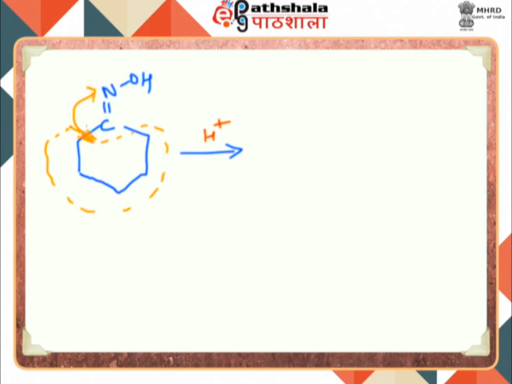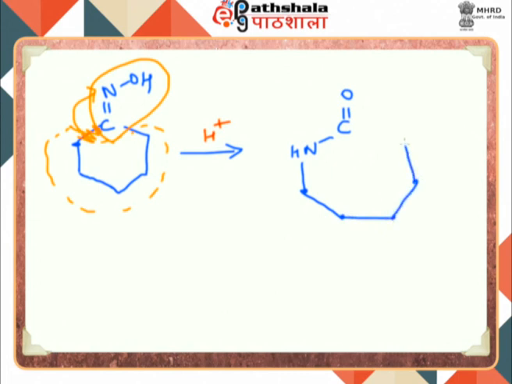So this gets detached from here, and in place of C double bond NOH, you write CONH, and now you can put these substituents, these 5 carbons, and they can be joined here, 1, 2, 3, 4 and 5.